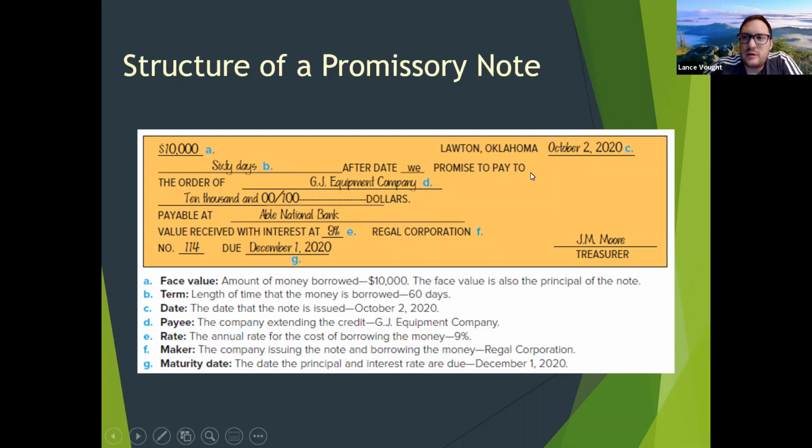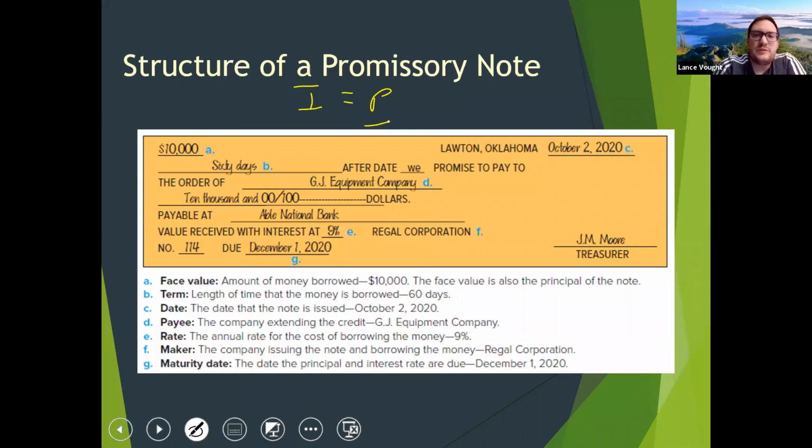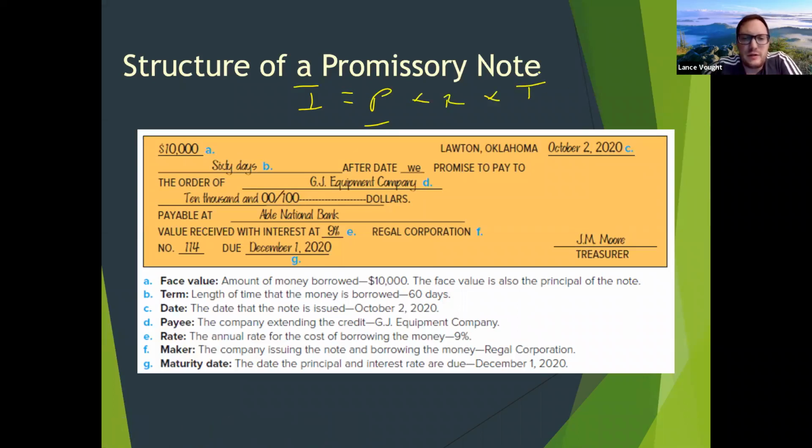We said principal last week because we had our equation I equals PRT. Principal is just the face value of the amount that you're borrowing.